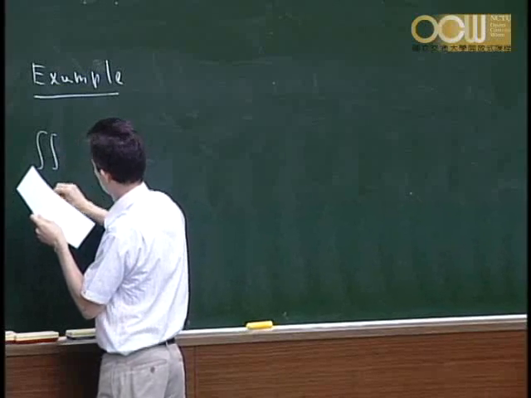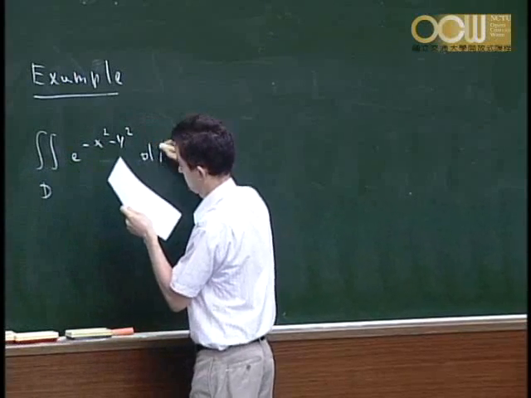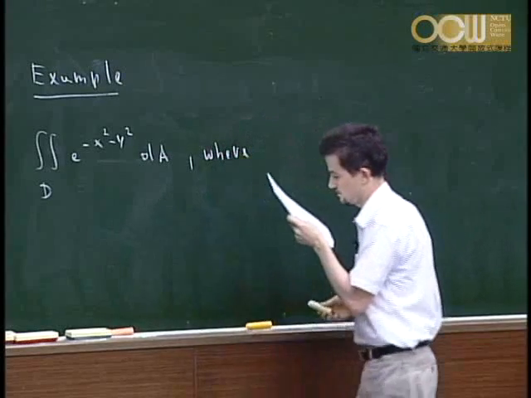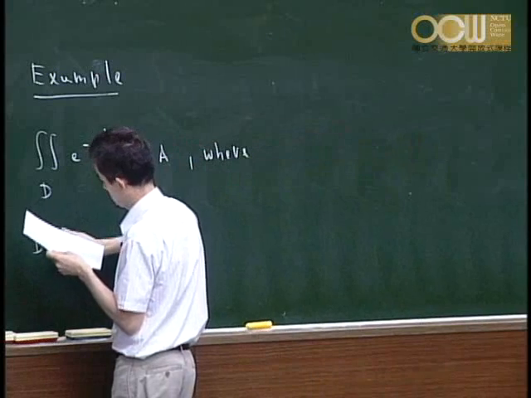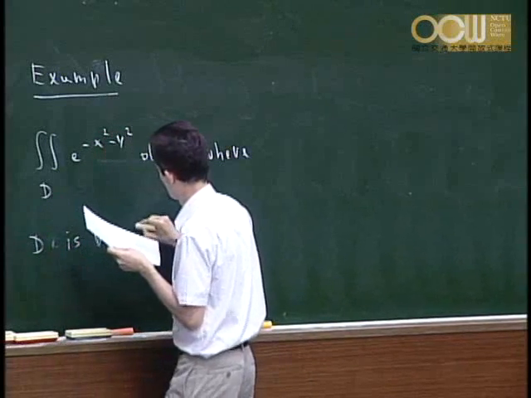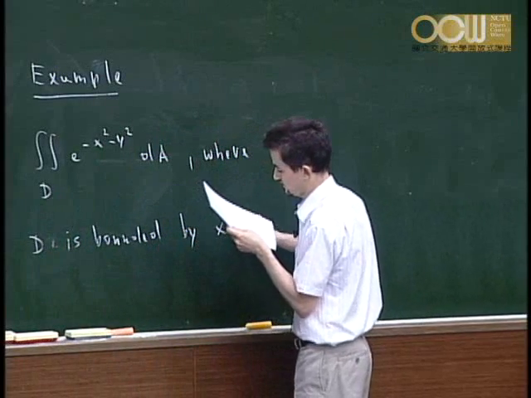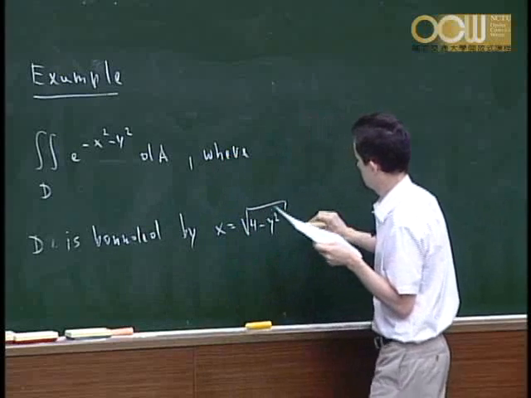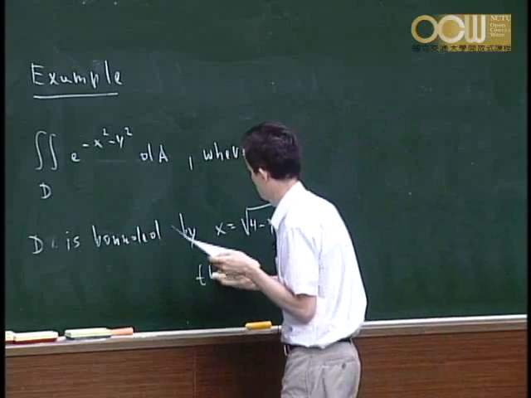This one, where D is bounded by x is equal to square root of 4 minus y squared, and the y-axis.